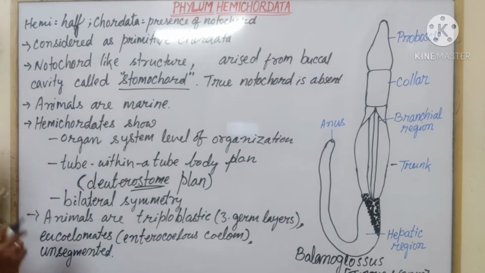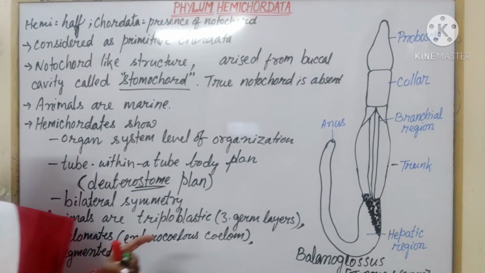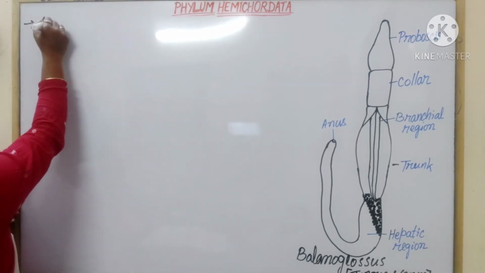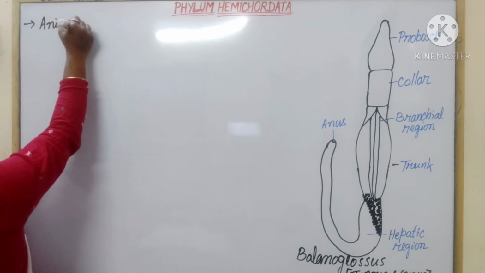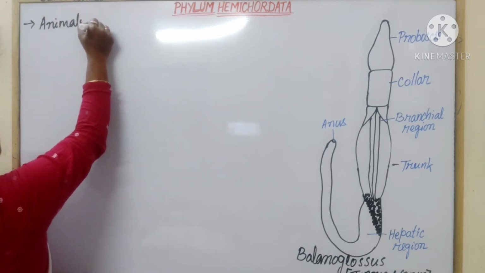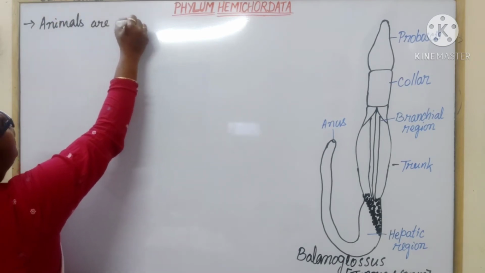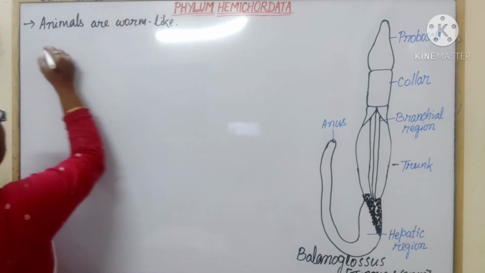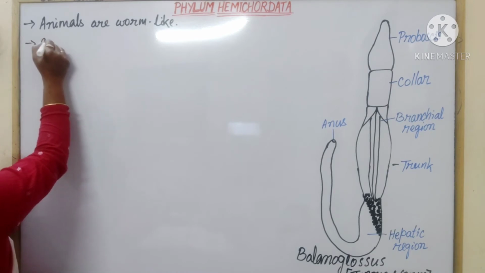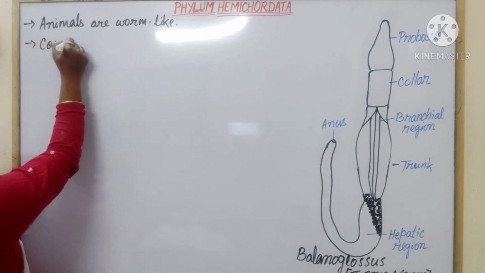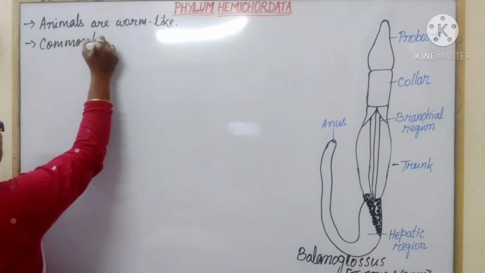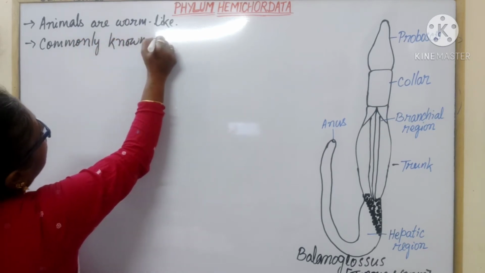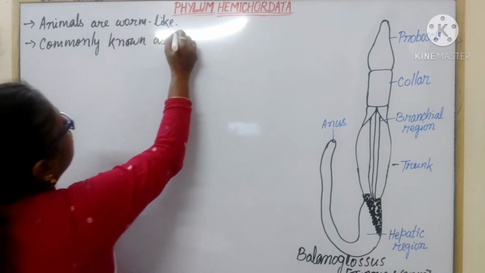And as we discussed, the true notochord is absent. These animals are worm-like, commonly or popularly known as tongue worms.